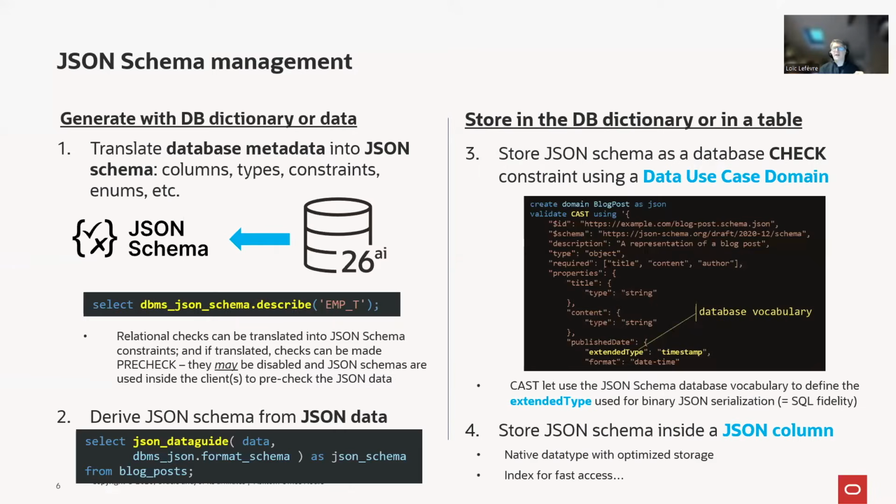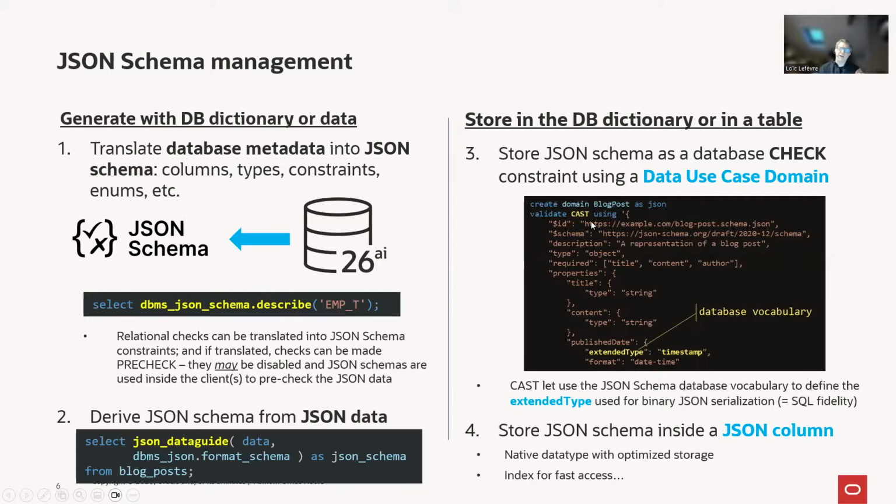The next way to work with JSON schema within the database is to store these JSON documents within the dictionary. So point number 3 is that you can create a data use case domain within the database, and you can enable validation that way. You extend the scalar JSON data type, and then you provide the text of your JSON schema.